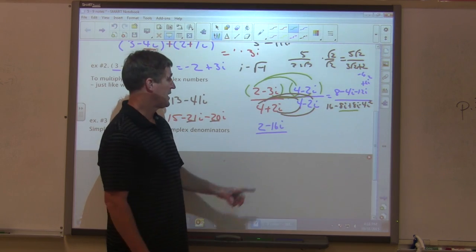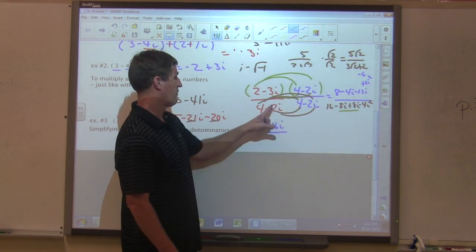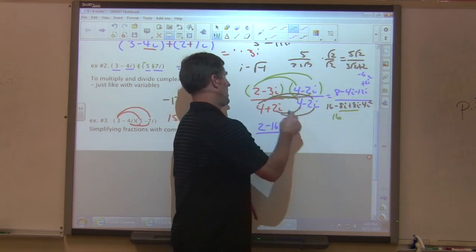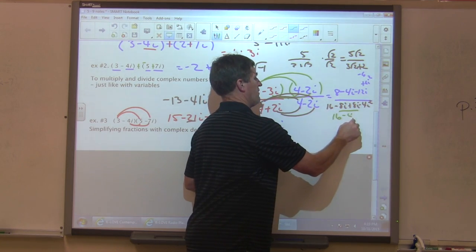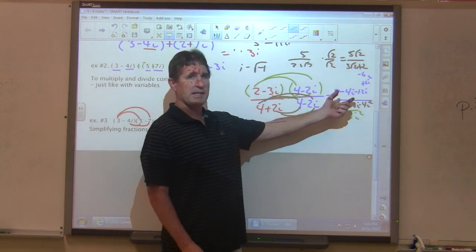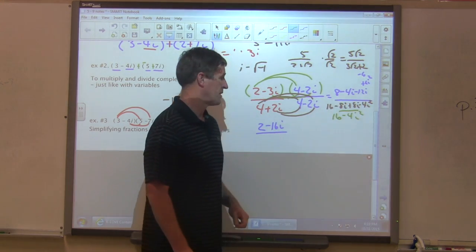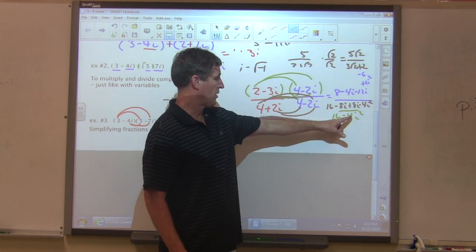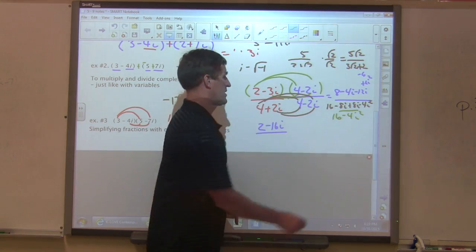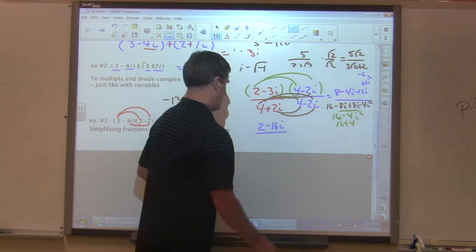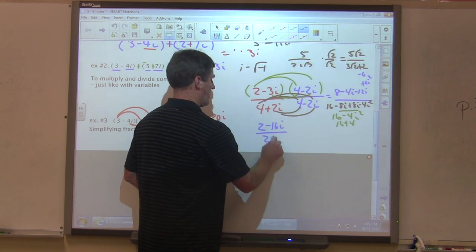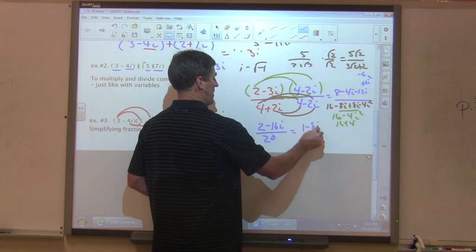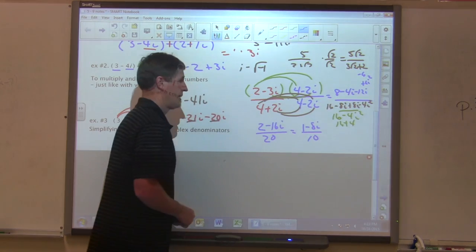So you can take a shortcut on this and just multiply the first numbers together and get 4 times 4 is 16, and then just multiply the last terms together and we get 2i times negative 2i, which is a negative 4i squared. Again, we can do that because the outer and inner terms will always cancel. Well, i squared is negative 1, and negative 1 times negative 4 is positive 4, plus 16, so it becomes 16 plus 4, which is 20. And then again, 2 goes into everything, so I get 1 minus 8i all over 10, and I finish that.